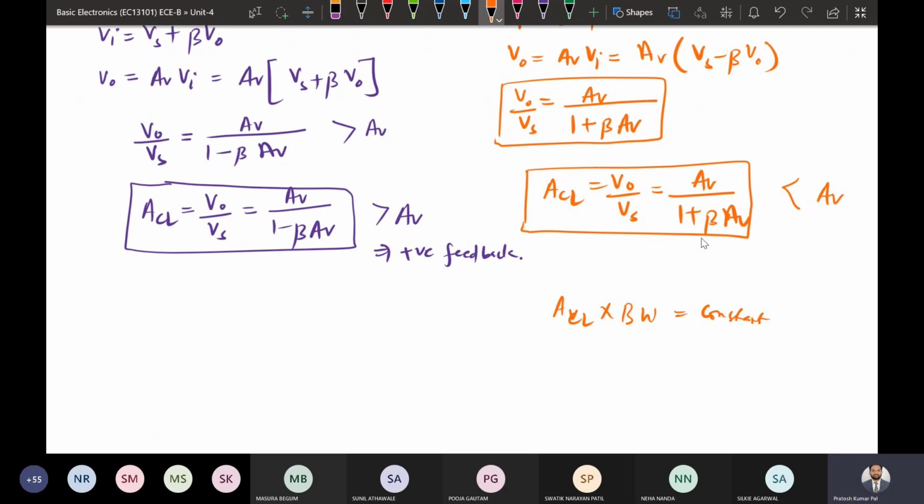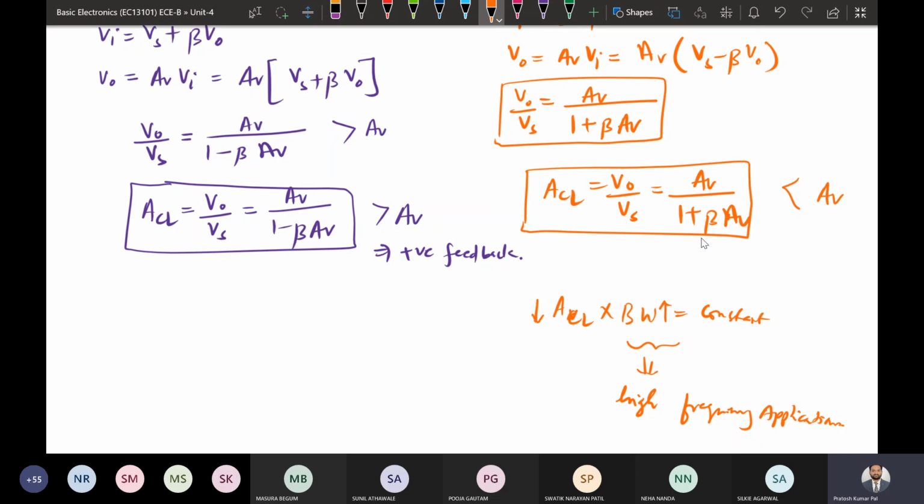So if closed loop gain is reduced, then bandwidth will increase. If we are able to increase the bandwidth, now we can use this amplifier for high frequency applications. So this is how we use the negative feedback system for high frequency applications.